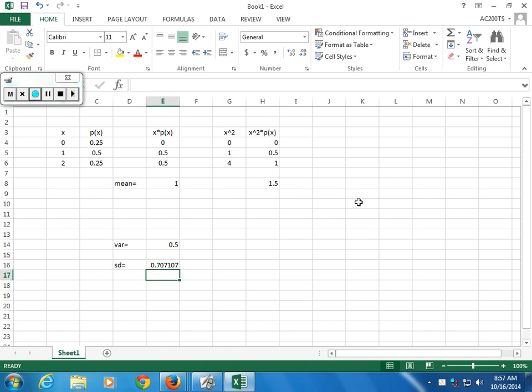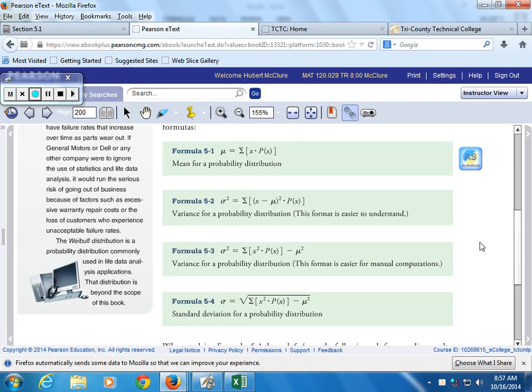Variance: you take X squared and multiply it by what? So you take your 0, 1, and 2 and square it. You get 0, 1, and 4. And then you multiply that by the percentages or the decimals. And then you add that up.